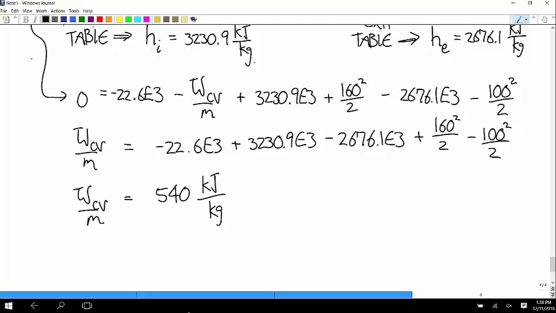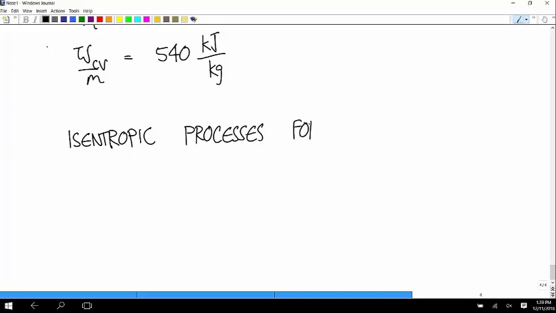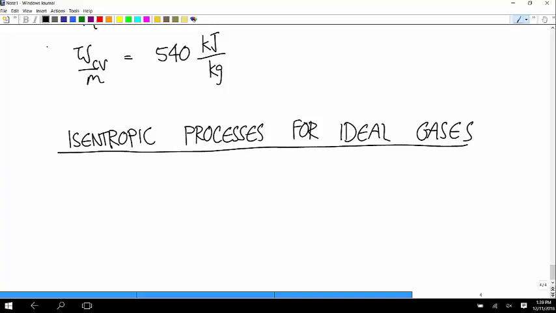Any questions about that? Okay, let me just introduce isentropic and then we'll do it next time. So isentropic processes. And actually, I didn't say this, but we're only doing this for ideal gases. So we're going to use what we know about ideal gases for this.